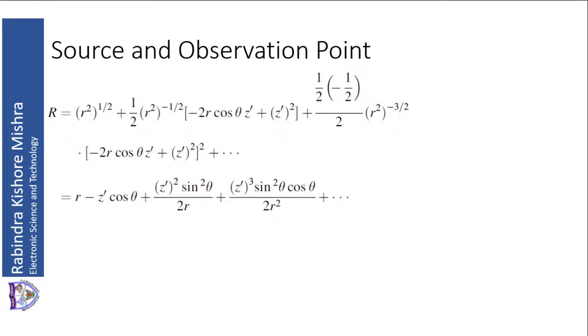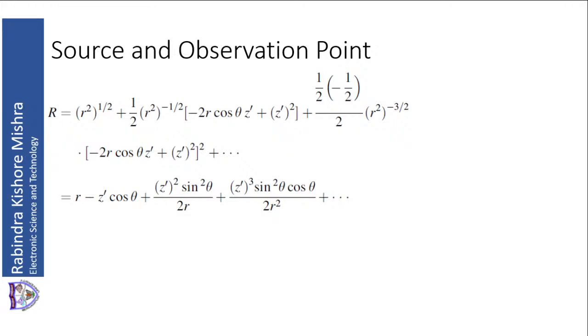This is using the binomial expansion for the magnitude of R that we found in the previous slide.